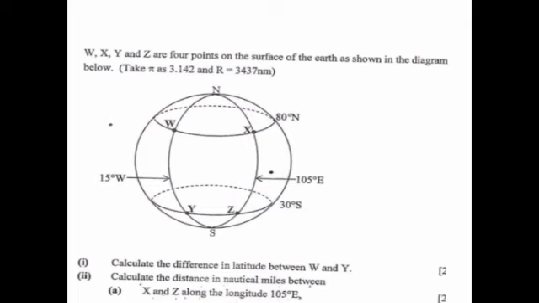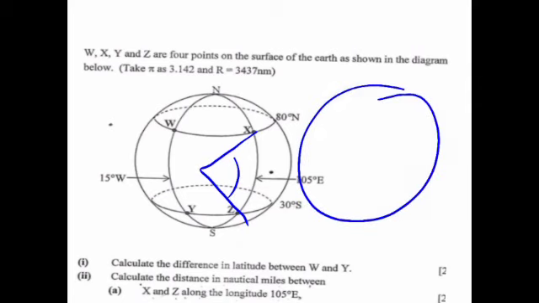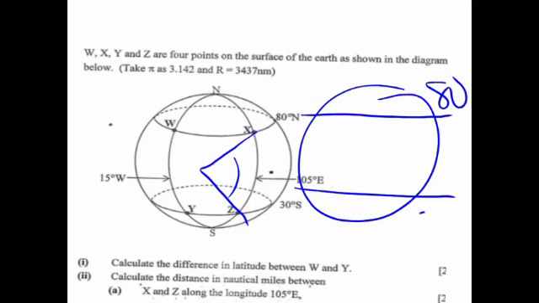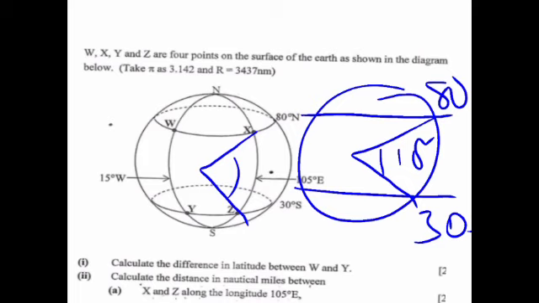We calculate it by saying X is lying on 80 degrees north and Z is lying on 30 degrees south. So the angular difference is 80 plus 30, which is 110 degrees. This is the angle being subtended at the center of our earth or our circle by the arc XZ.